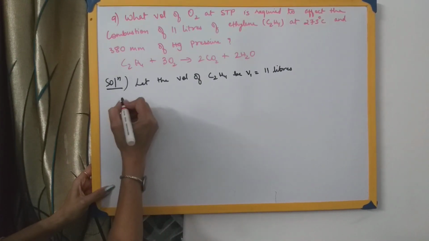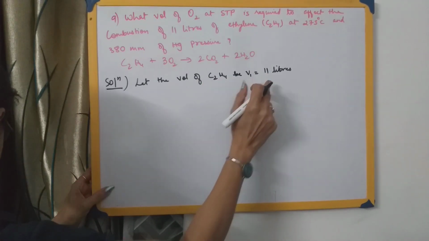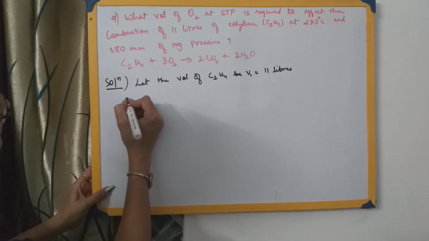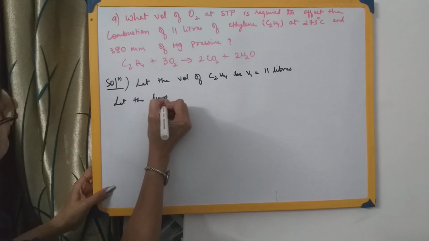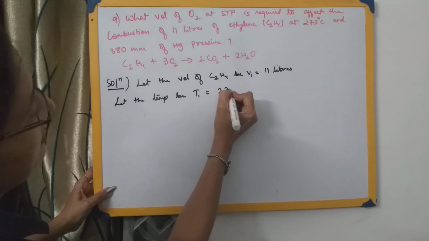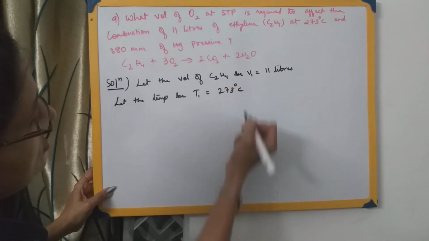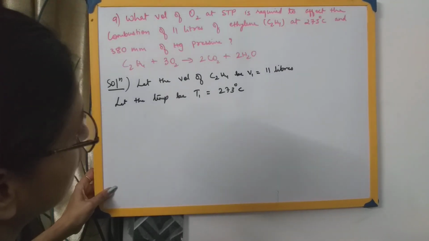So let the volume of ethylene be 11 liters. Let the temperature be T1, and that is 273 degrees Celsius. We have to convert it into Kelvin.